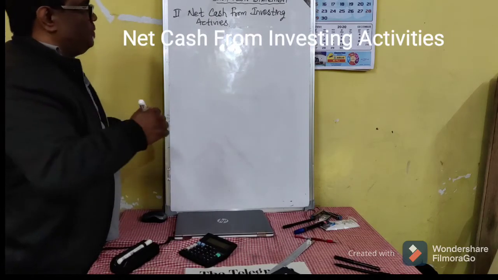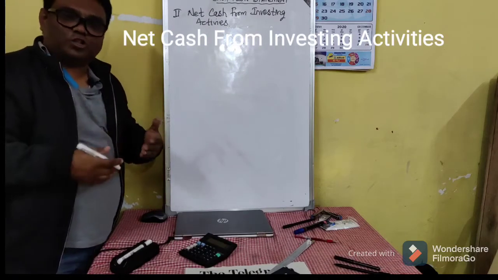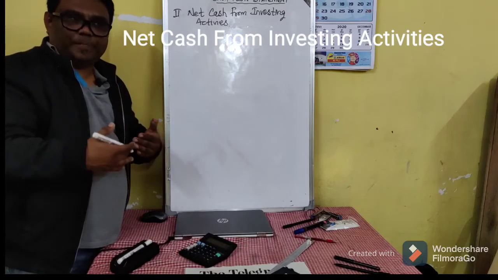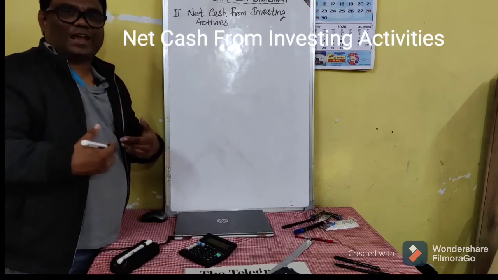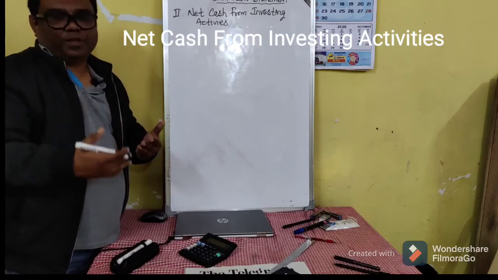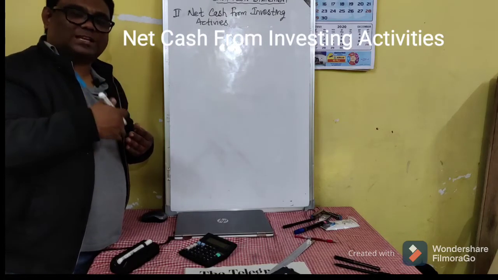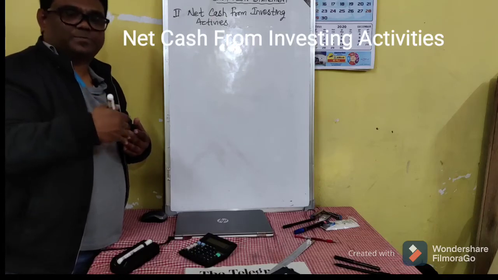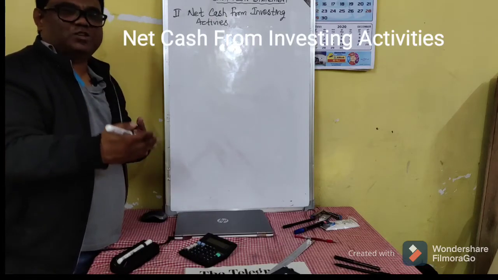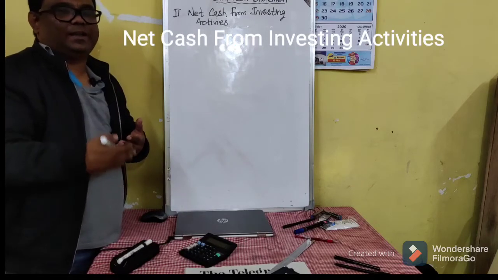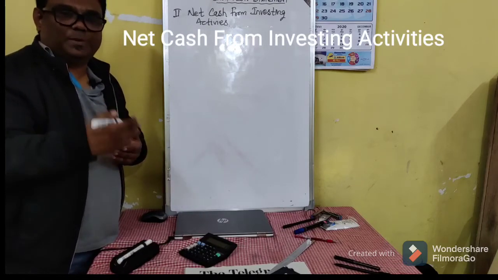So when a fixed asset is purchased, the cash is outflow, minus. If an asset is sold, inflow of cash is added, and if investment is purchased, outflow of cash, so purchase of investment is minus. When the investment is sold, inflow of cash will be added, and interest received on investment will be added. So these are the items here.